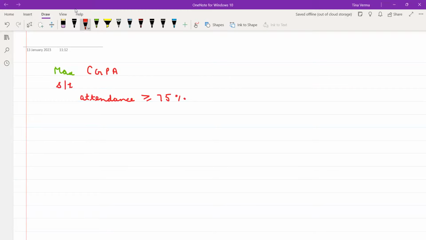And next, the number of hours allocated to write the exam is 3 hours.